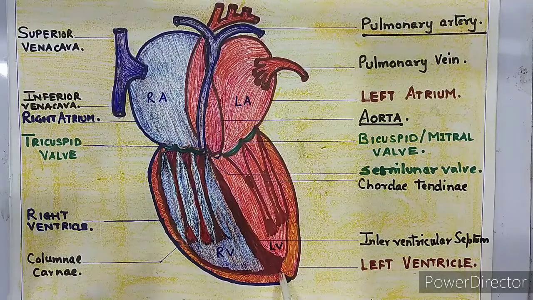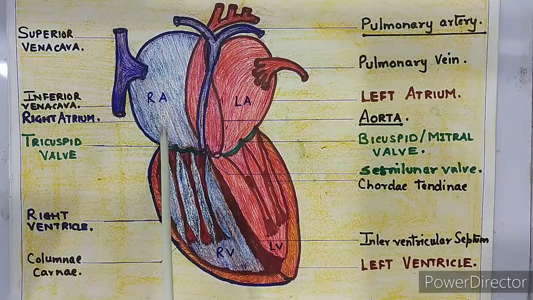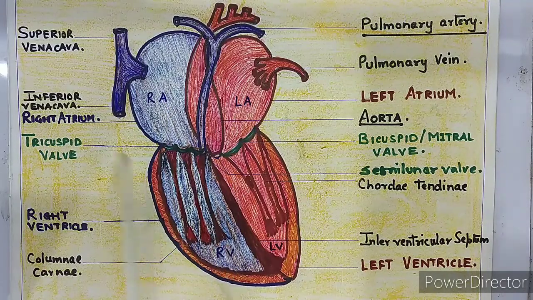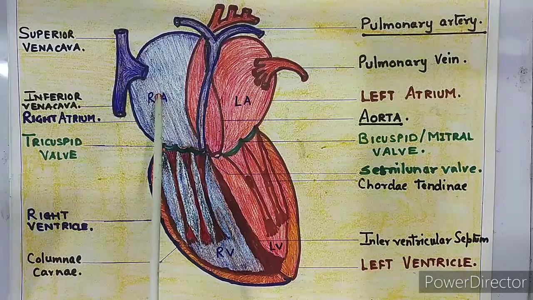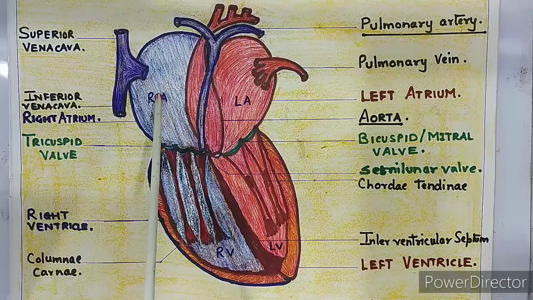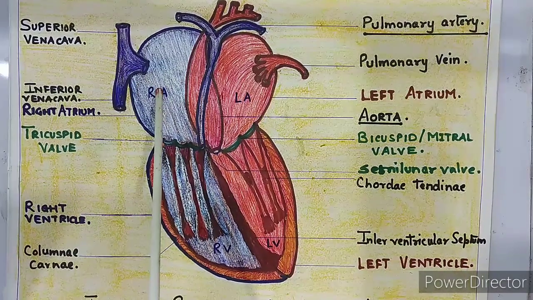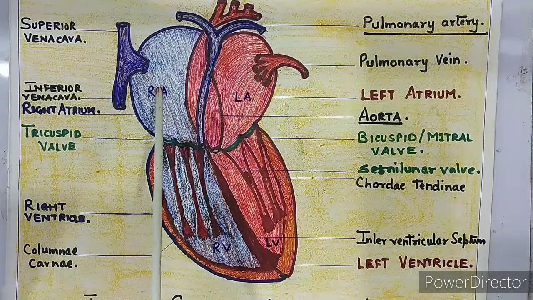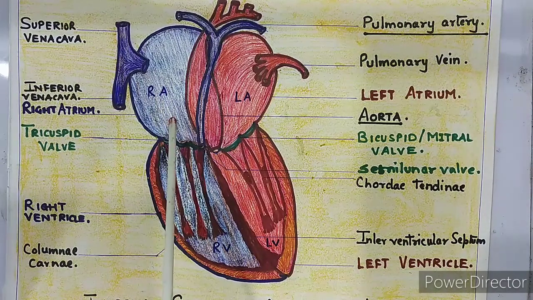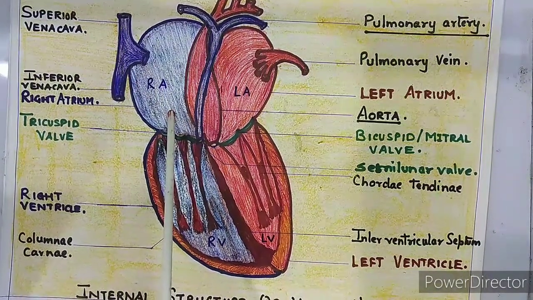So, children, here in the diagram, you can very well see that the right side of the heart receives deoxygenated blood, that is impure blood, blood which is mixed up with carbon dioxide, which is very toxic, very poisonous.